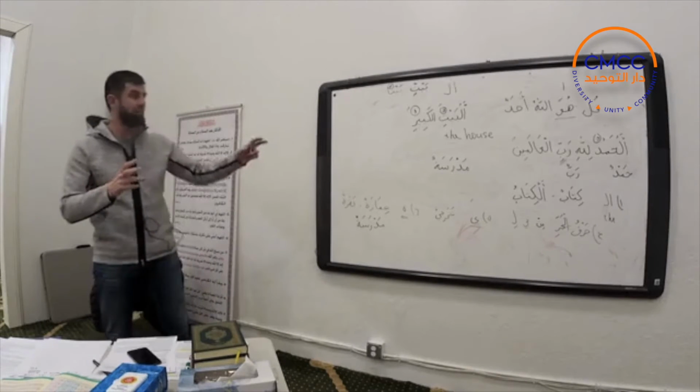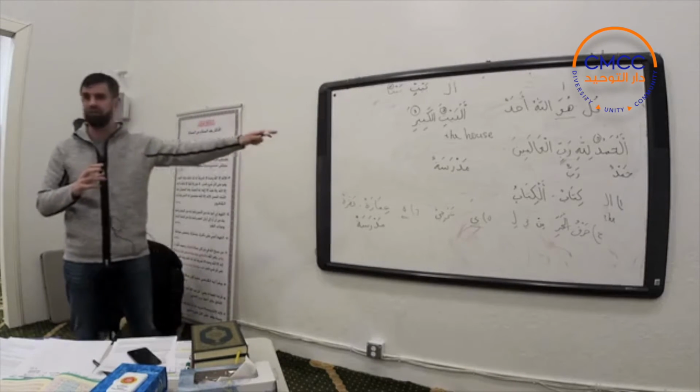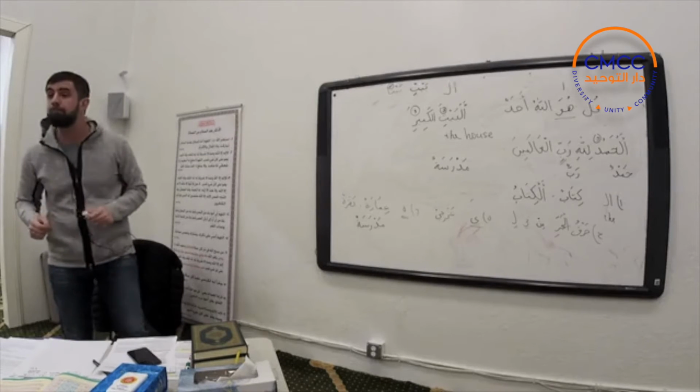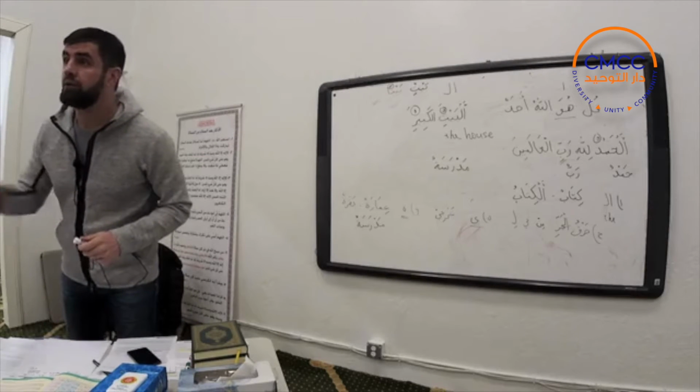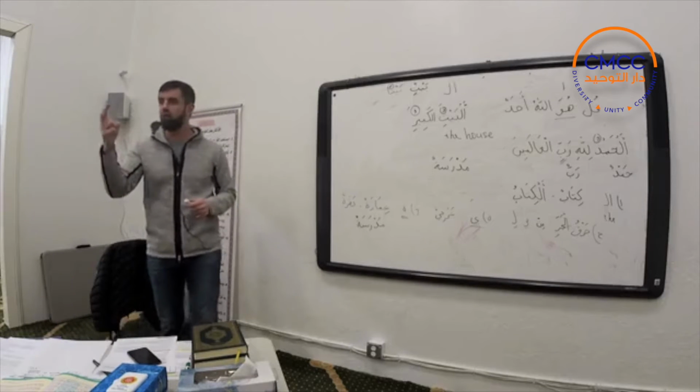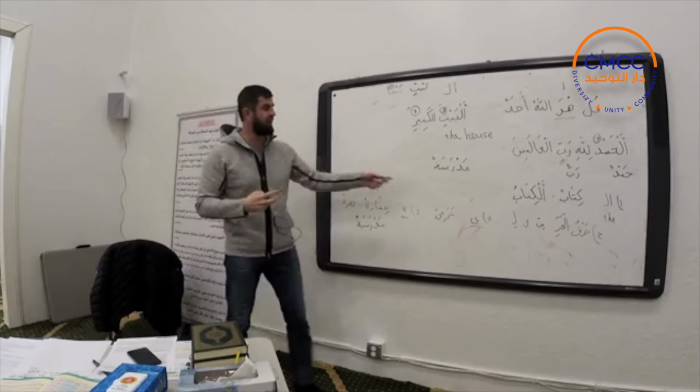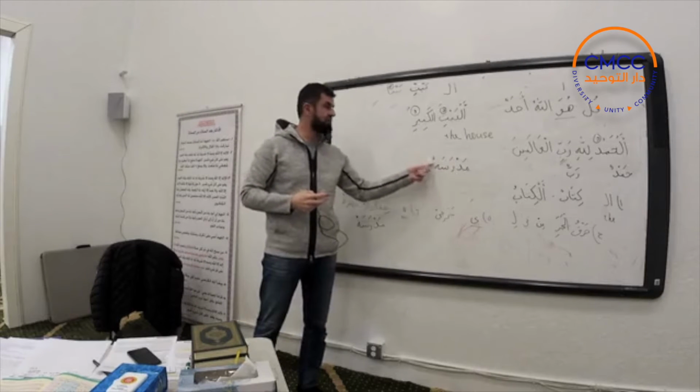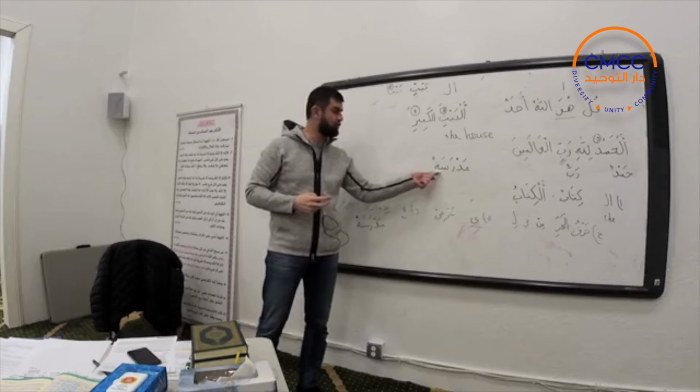Signs of ism in this noun. Tanween and? Yeah, tamarbuta, right? So we have basically two signs in this noun. The first one is tanween, madrasatun, and also we have tamarbuta.